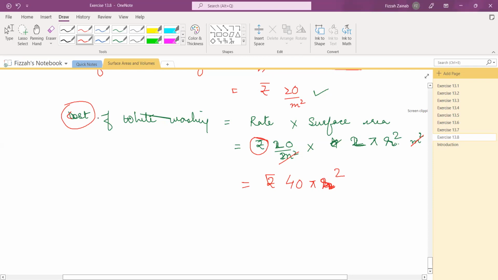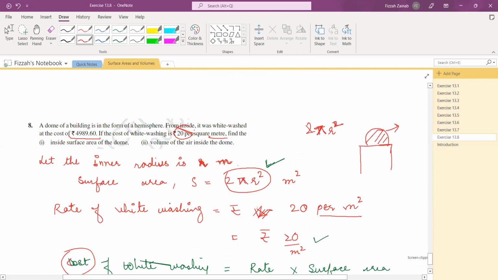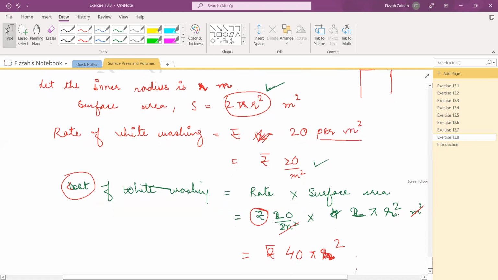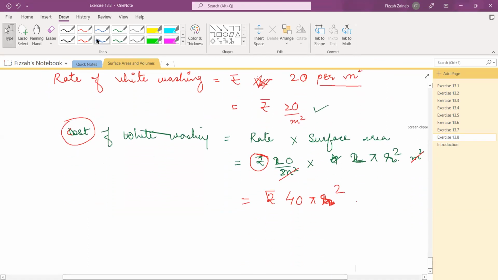Okay, now this cost is already given to you. What is the cost given? 4986.60. So now you have 4986.60, right?